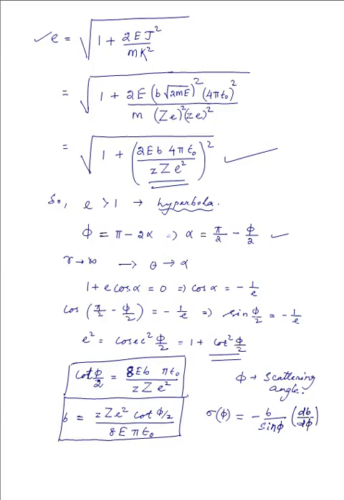So we use this value of b that we have obtained, we also take its derivative with respect to phi, and then we put that in this equation for the cross section, and thereby obtain Rutherford's scattering cross section formula.